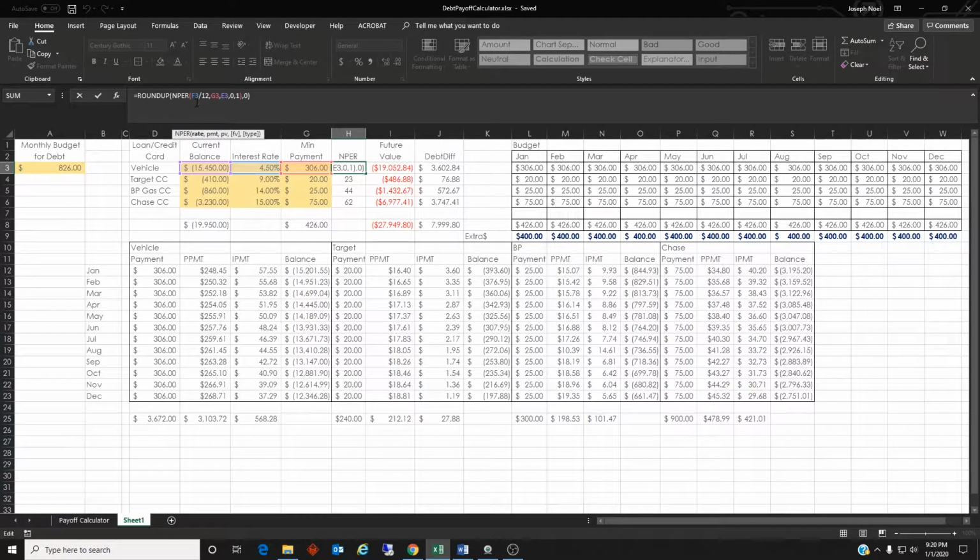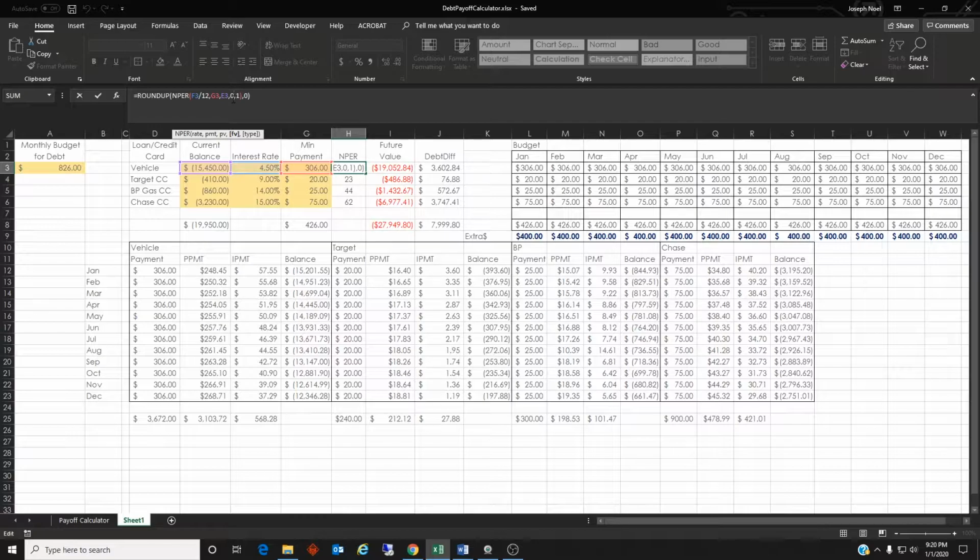So for the NPER, we're going to take the interest rate divided by 12. So the interest rate of 4.5 in this case divided by 12, and then the payment that we're making. So in this case, the minimum payment, G3, and the present value, that's how much we owe currently, the current balance of this debt.